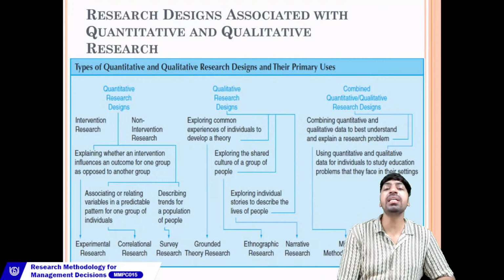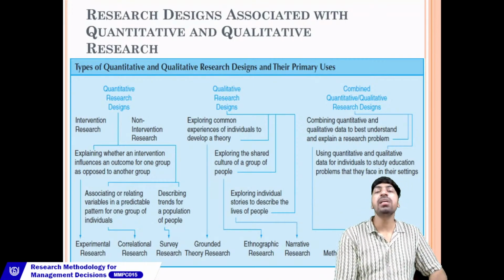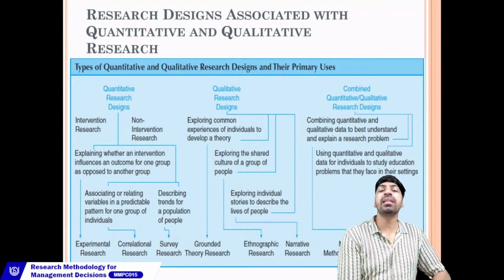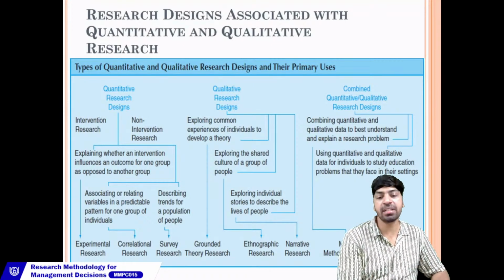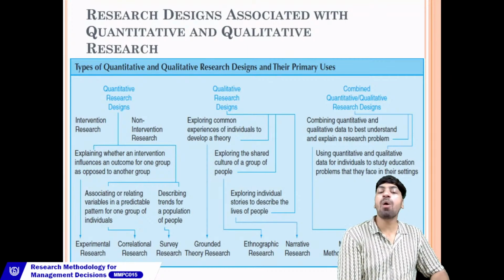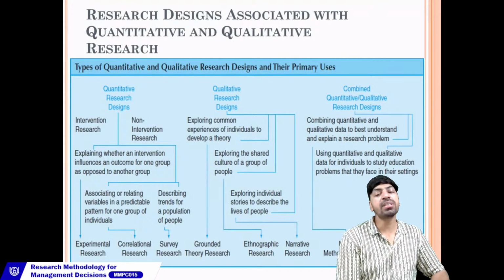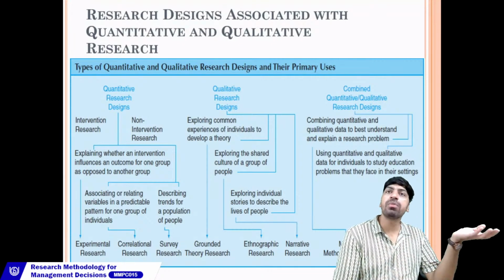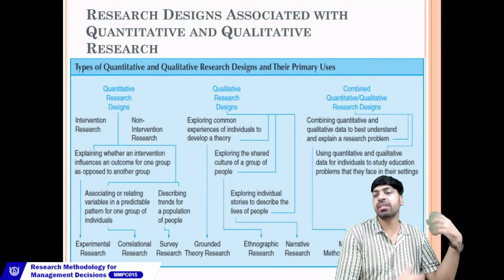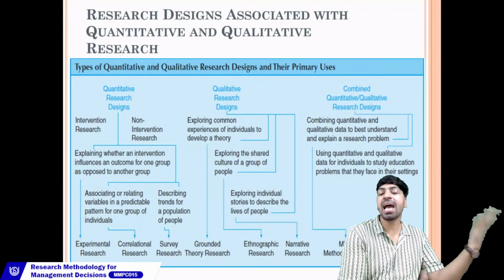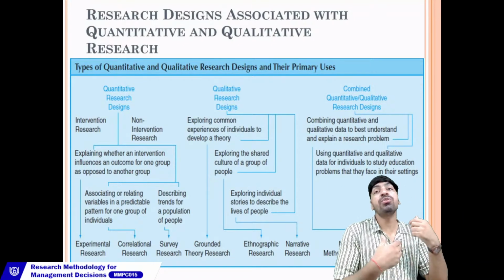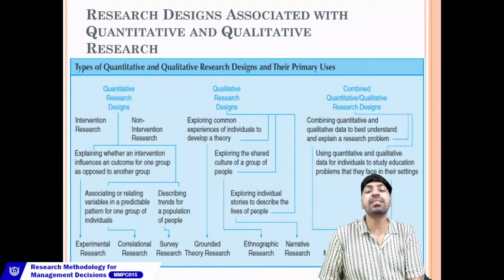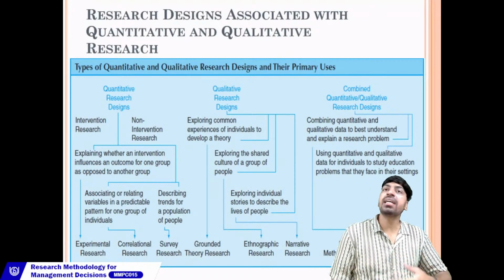The next one is qualitative research design. Qualitative research design is classified into three categories. The first one is grounded theory research design, then ethnographic research design, and narrative research design. So when you go to a different part of the world, let's say Europe or Germany or Canada, then you use the ethnographic research design. Why is it ethnography?